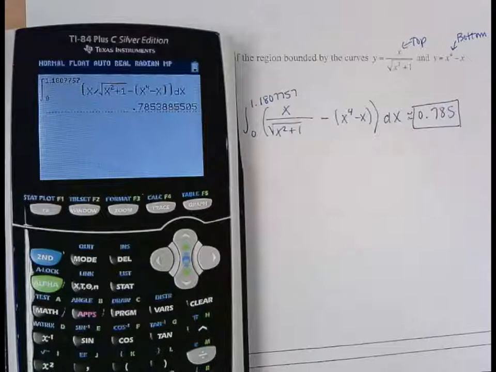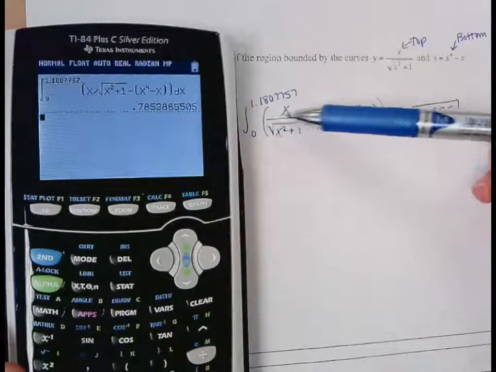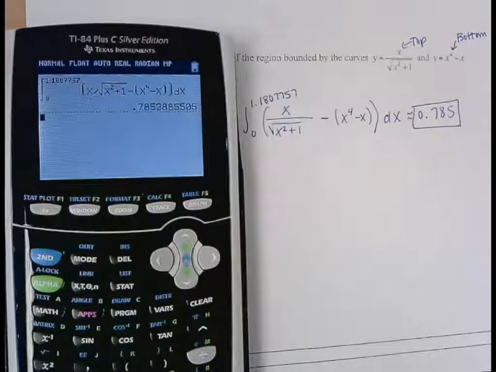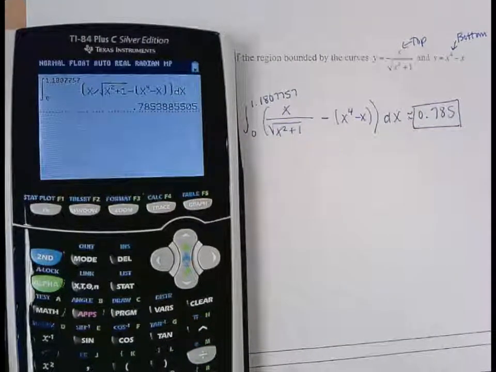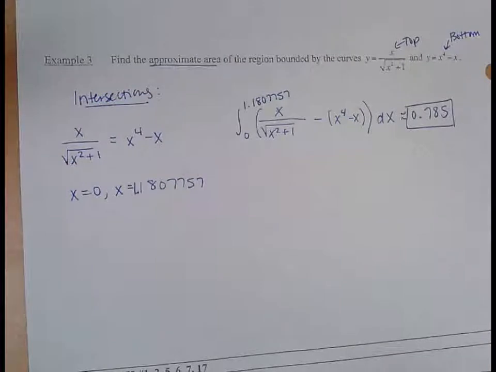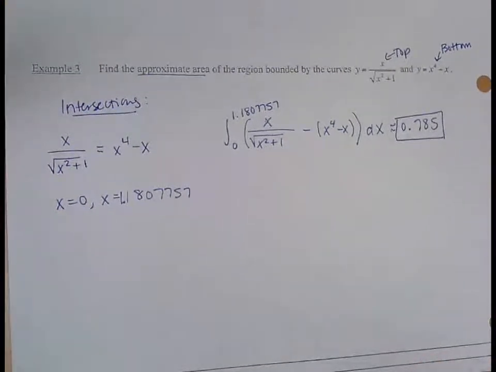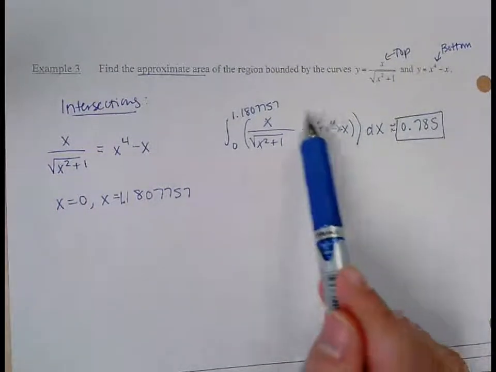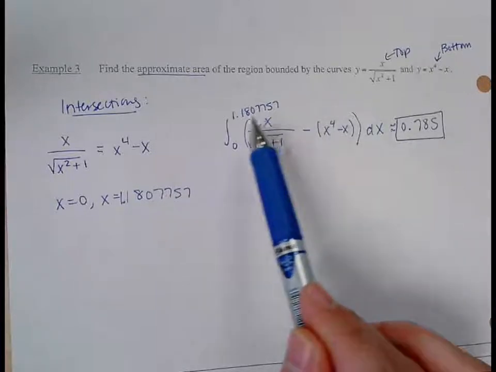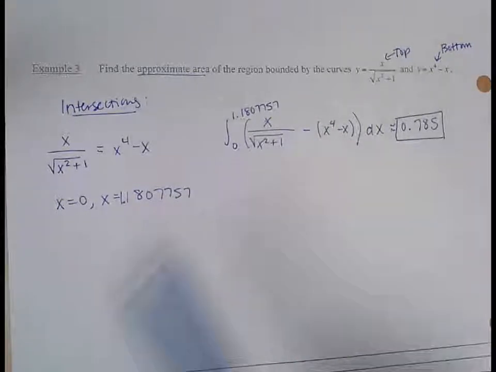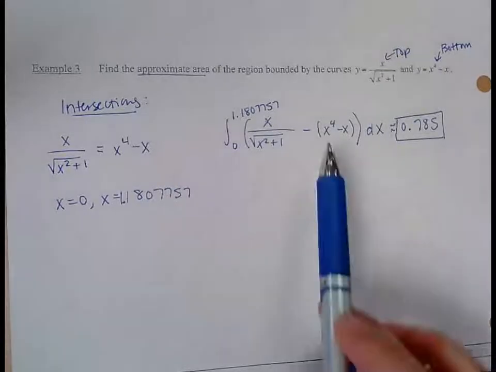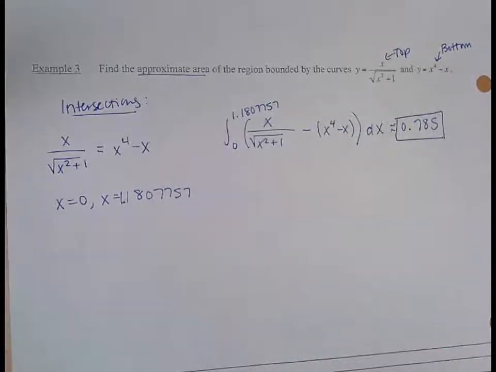Okay, I do want to review one other thing with you though. If you had an integral like this to evaluate by hand, looking at the integrand, the expression that you are finding the integral of, would you be able to just find an antiderivative of every term?